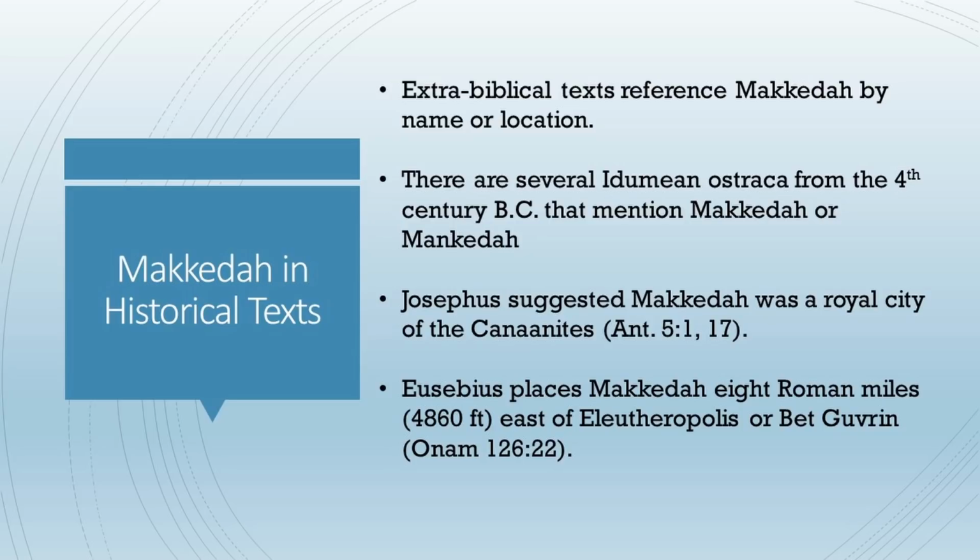Josephus suggested that Makkedah is a royal city of the Canaanites, but we know that the story is about Amorites. I won't do a deep dive into who the Amorites are, but primarily they occupied the Shephelah and hill country. Eusebius places Makkedah 8 Roman miles, 4,860 feet per mile, east of Eleutheropolis or Beit Guvrin.